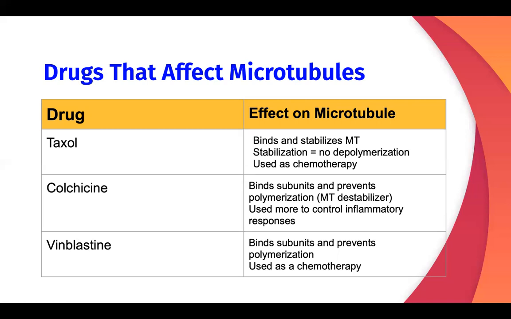It destabilizes the microtubule, and it is also used as a chemotherapy, because if you have too many microtubules, we don't like that, but we also do need to form them. If we don't form them, we're also going to undergo cell death. Any questions on those? So Taxol stabilizes, colchicine and vinblastine destabilize. They're not better or worse, because in both cases it's extreme and we use it to kill cells.